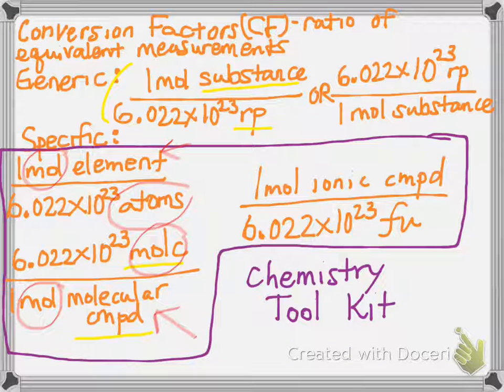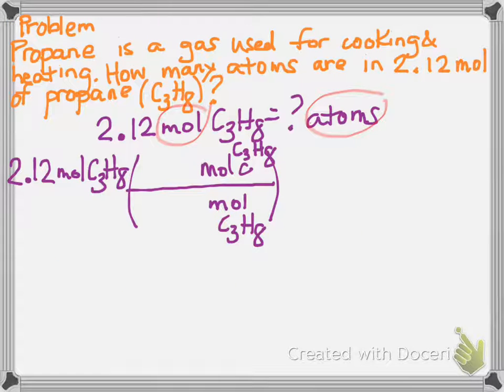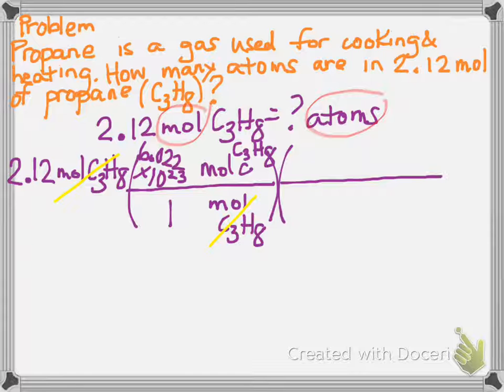The number in front of molecules is Avogadro's, and in front of moles is 1. So in front of moles is 1, and in front of molecules is 6.022 times 10 to the 23rd. If I look at my units right now, my moles are canceling out, but I'm left in molecules, and I don't want molecules, I want atoms. So I know that molecules of propane are going to go on the bottom, and somehow I have to convert them to atoms.